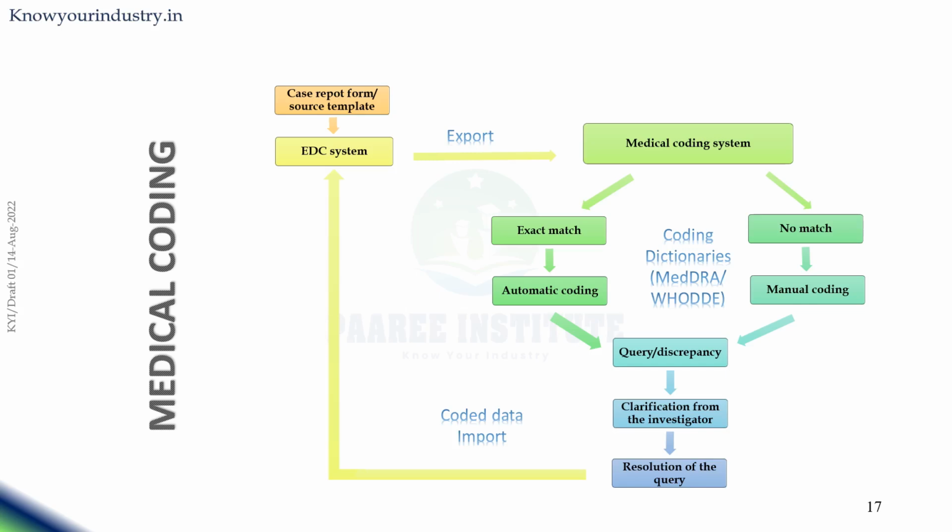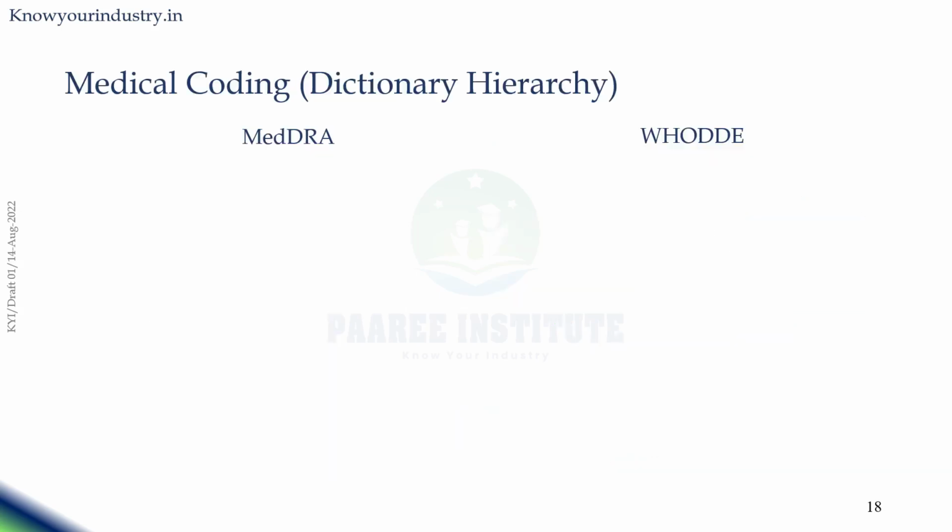If the data which needs to be coded does not match, then manual coding will be performed. If a query appears, then we have to take a clarification from the investigator. Post resolution of the same, the coded data will be imported into the system.